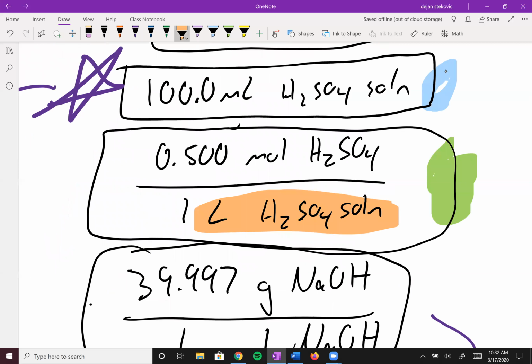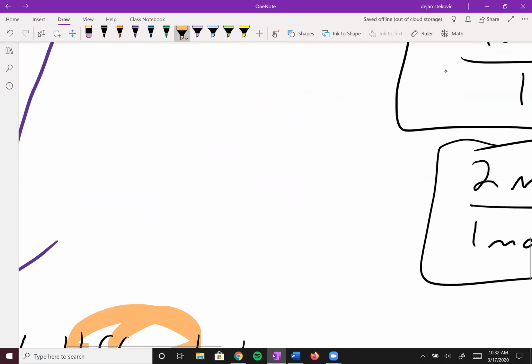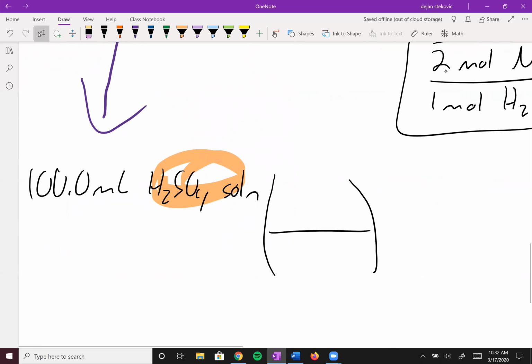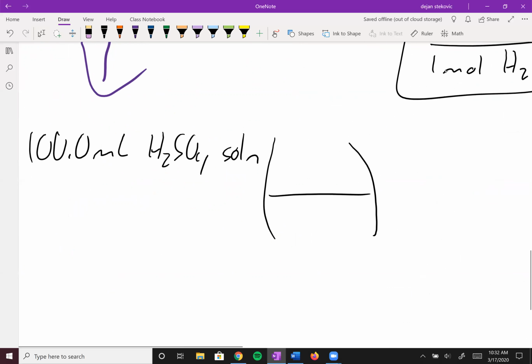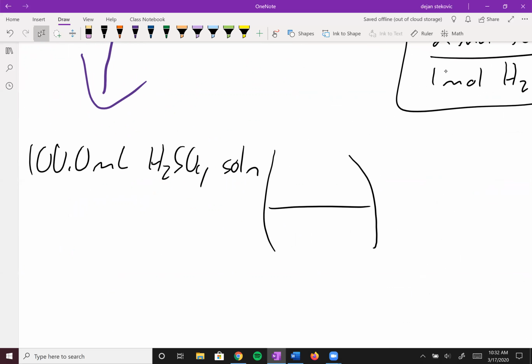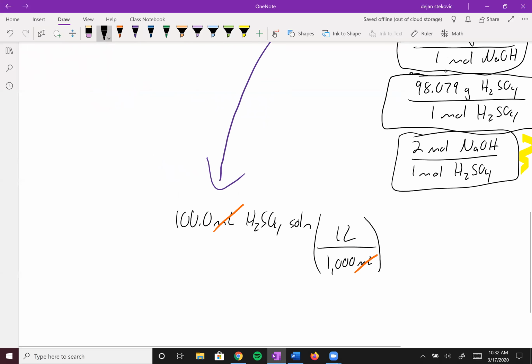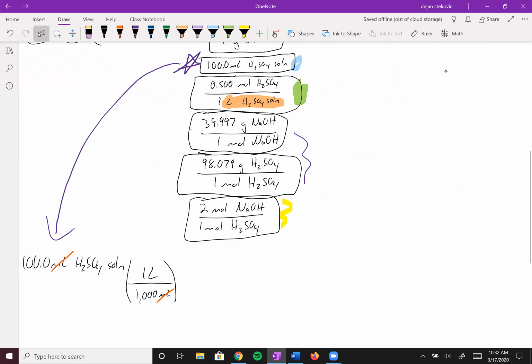But we notice the units here are in liters. Down here, we are in milliliters. So before we can even use that conversion unit, we gotta go to liters. This is a conversion unit you should be able to do easily. It's 1000 ml to 1 L. And so the ml is gonna cancel out with the ml. So you'll be left with liters, and now we can go ahead and use this conversion unit, right?